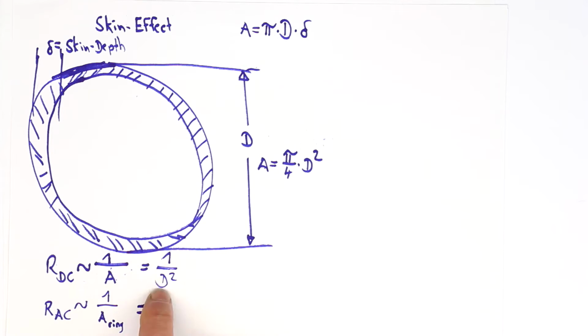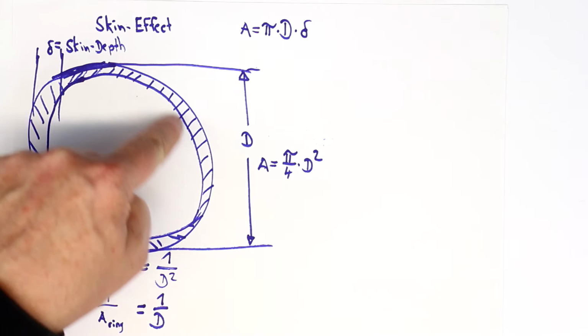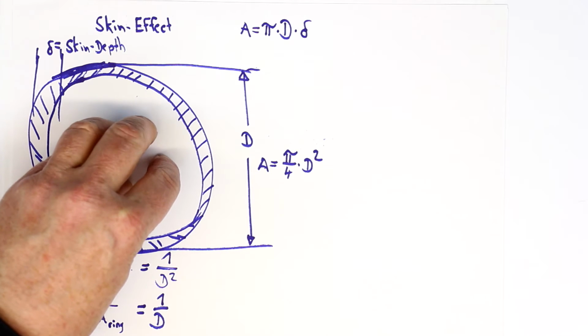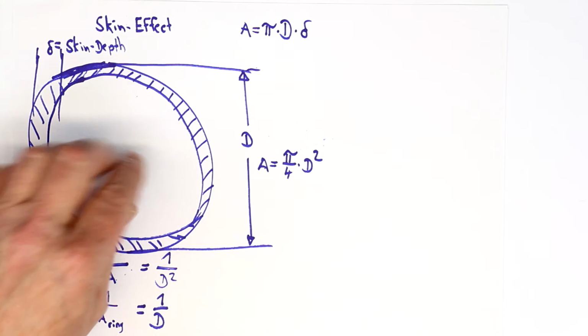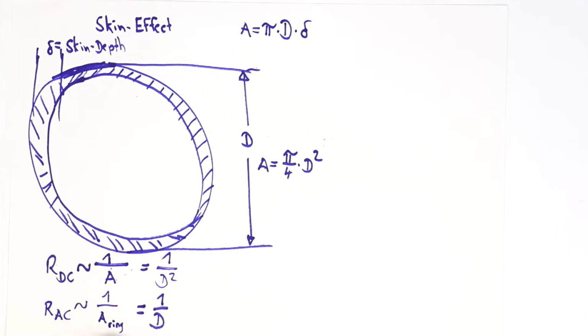And the second thing is, if we know that the inner part of our conductor just doesn't take part in the current flow, then we can leave it out, because we quickly get to diameters, even at medium wave frequencies, of several millimeters to get a low enough AC resistance.